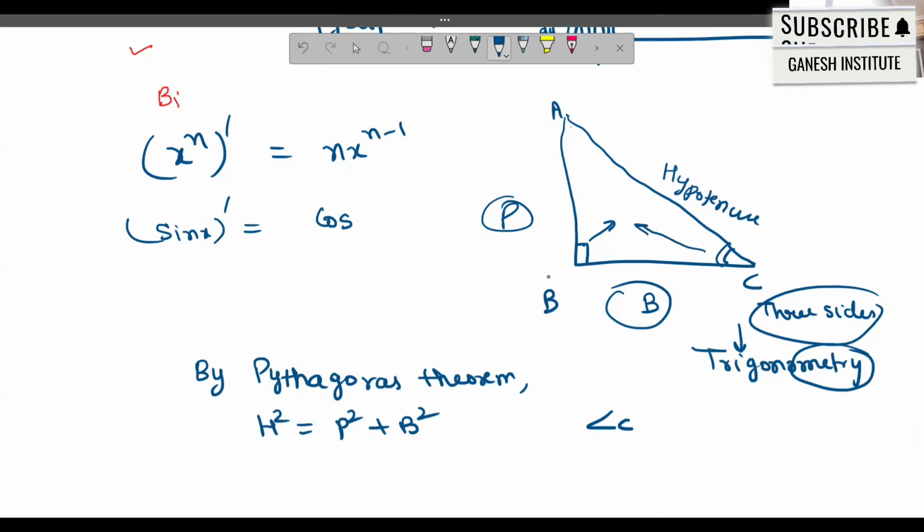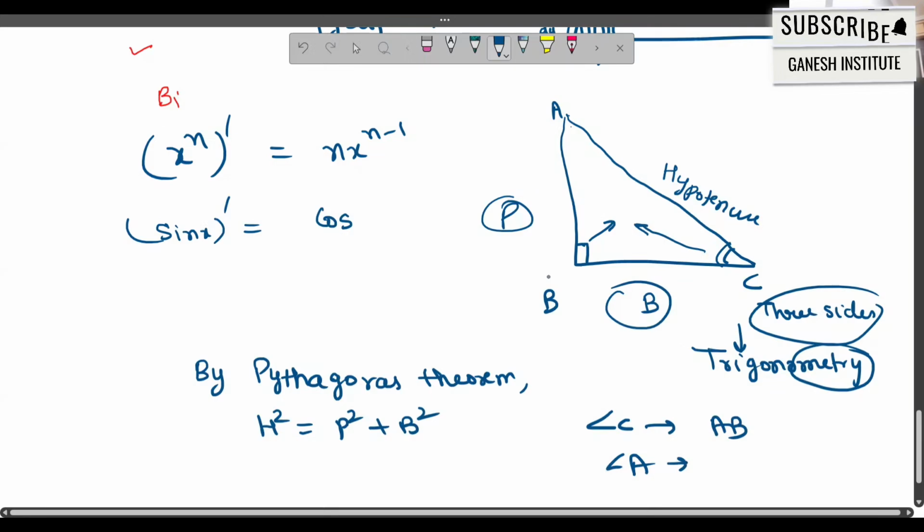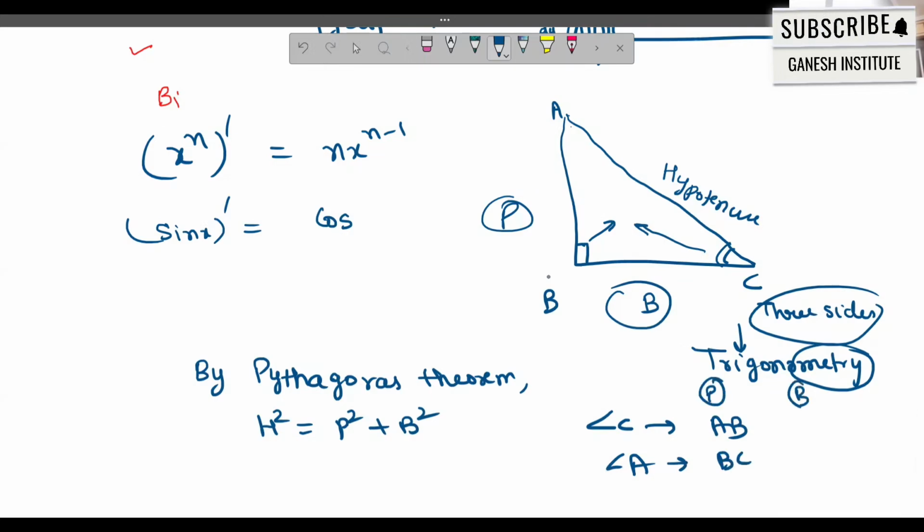So with respect to angle C, my perpendicular will be AB, and with respect to A, my perpendicular will be BC. Then the rest, apart from AB, we have BC as base for this angle, and for angle A, AB as base. You're getting it?